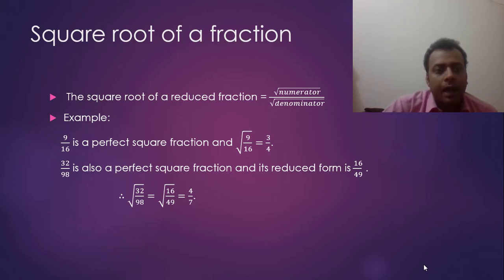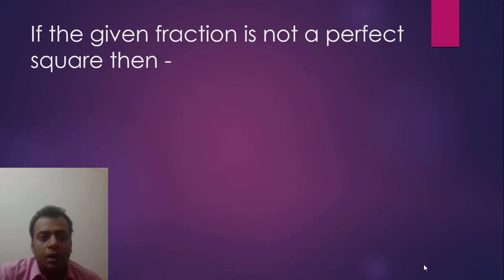So we have the idea how to find the square root of a fraction which is a perfect square fraction. Now we are going to look at fractions which are not perfect squares.